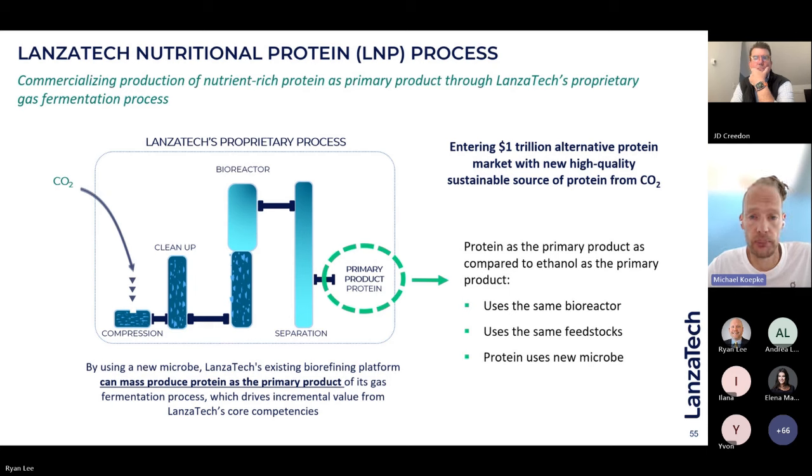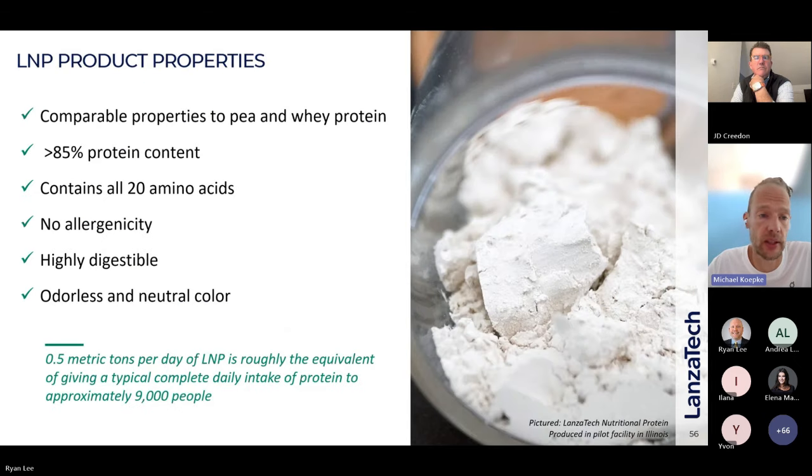So we're looking at a process now making protein from CO2 and hydrogen, as a primary product. And that protein is very comparable with pea or whey protein. It is very rich in protein content. It has all the needed amino acids.